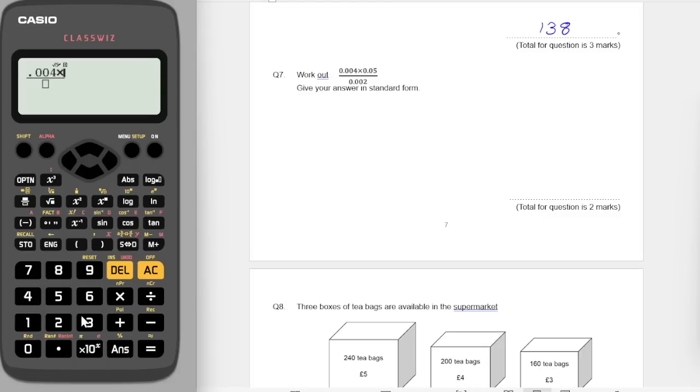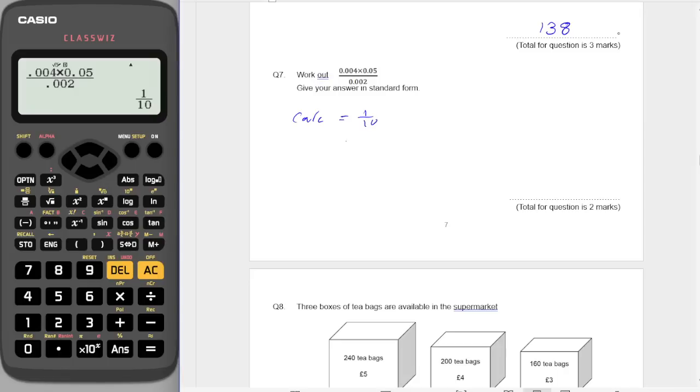So 0.004 times 0.05, and I want that divided by 0.002. Let me double check that I've typed that correctly. So there we go, I've used my calculator. It gives 1 over 10, which is 0.1, which in standard form would be 1 times 10 to the minus 1.